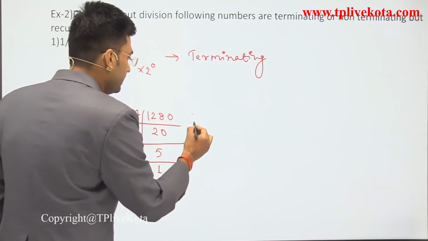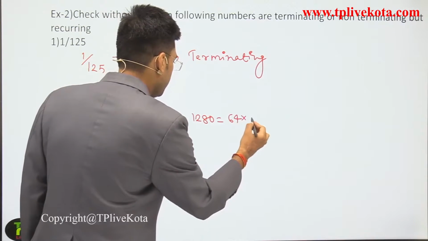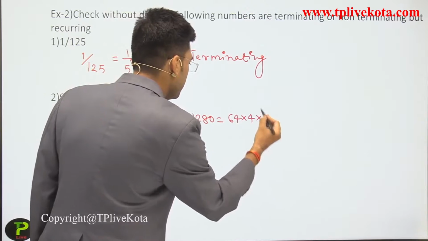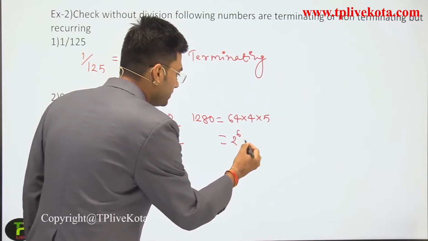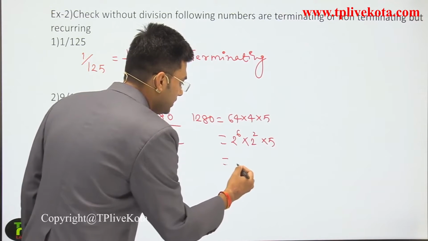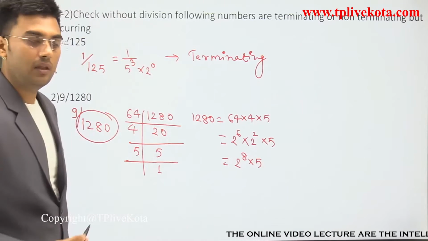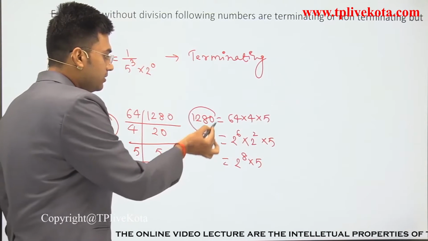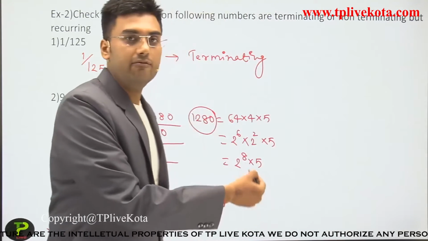So we can say that 1280 is equal to 64 multiplied by 4 multiplied by 5. And 64 is equal to 2 power 6 and 4 is equal to 2 power 2. So it is equal to 2 power 8 multiplied by 5. So 1280 is equal to 2 power 8 multiplied by 5. It is its prime factorization.